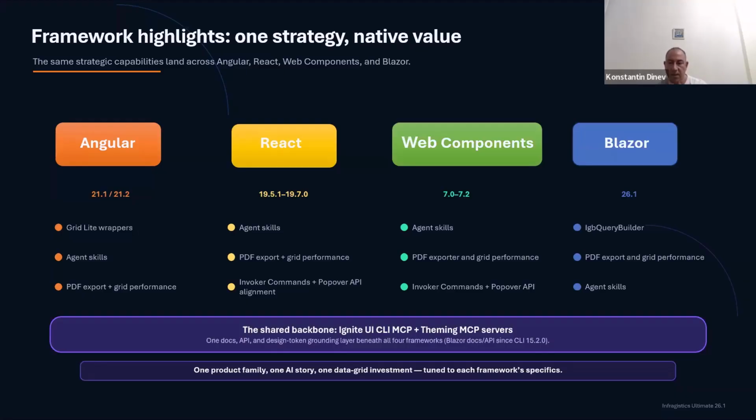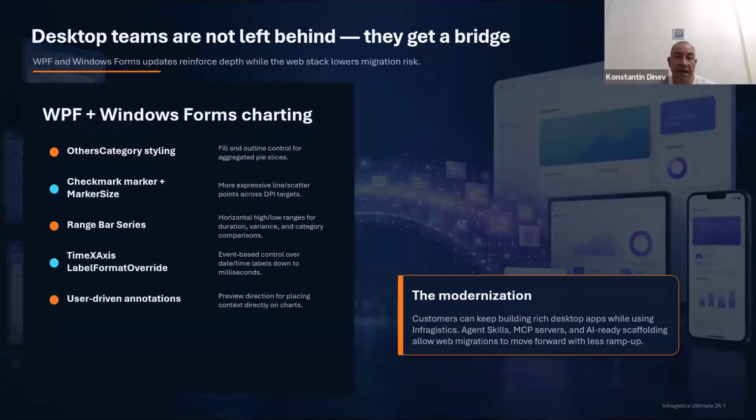And the overarching, actually the underarching in this slide thing, is the MCP servers, as I already talked about. So the MCP servers, I already mentioned, cover all of the web products. No framework is left behind anymore because Blazor was a little bit behind a couple of months back. Now there is parity across everything. And again, the desktop products are not left behind.